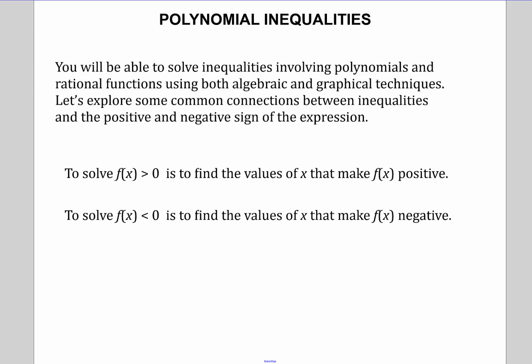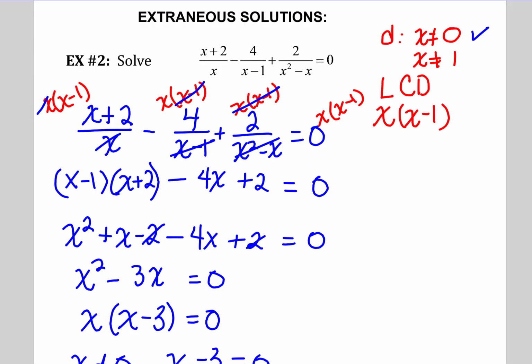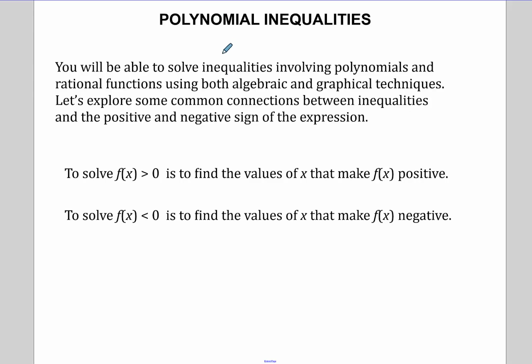So we're going to look at polynomial inequalities. The remainder of our lesson is going to be about inequalities. Whoop, lost my screen. So polynomial inequalities, we're going to be able to solve inequalities that involve polynomials and rational functions using algebraic and graphic techniques. We want to know if a function is greater than 0.